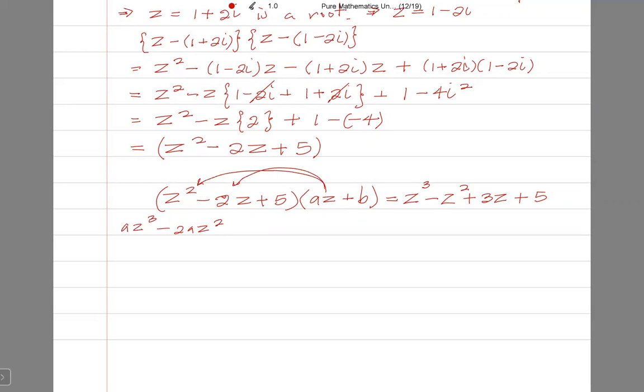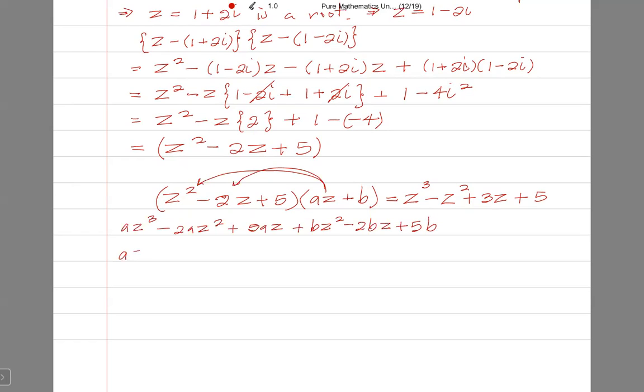And times that gives me what? 5AZ. Then I'm going to multiply by B. This is what? BZ squared minus 2BZ, and then plus what? 5B. I'm simplifying the left side first.